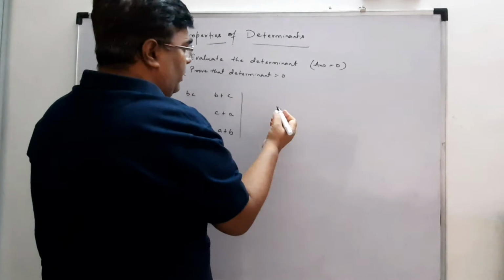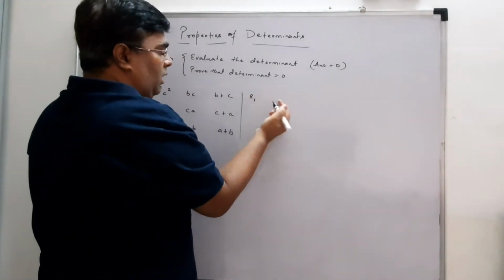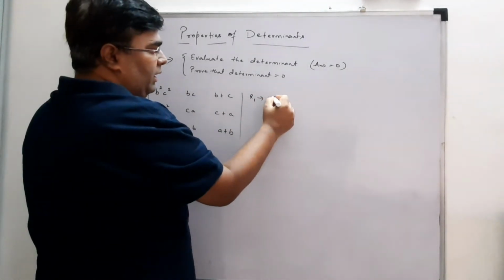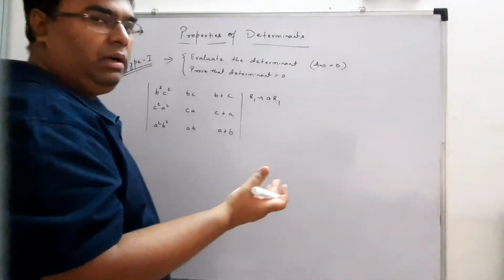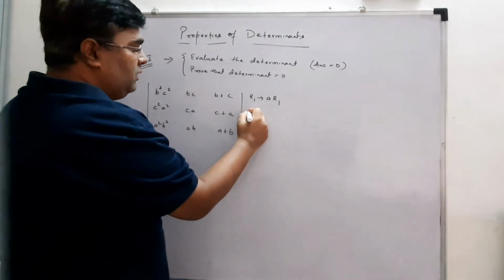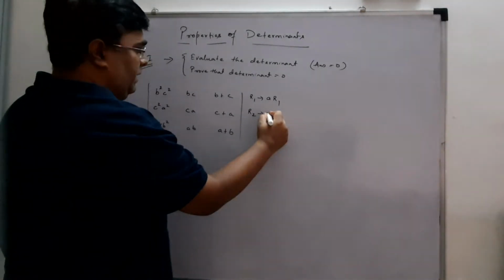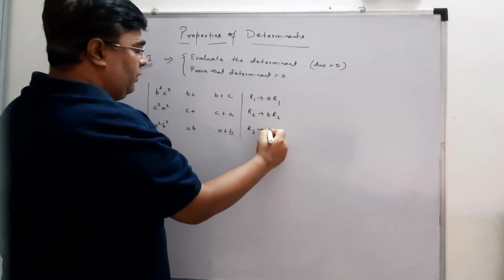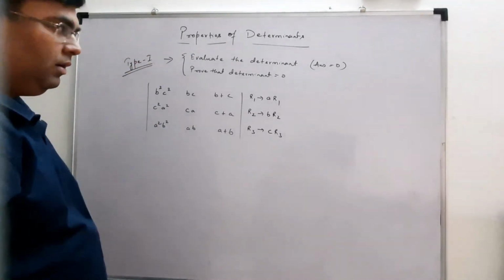So what I am doing here: R1 multiplying by A, AR1. Now if we are multiplying, then we need to divide it outside. Okay, I will tell you how to do it. R2 I am doing B R2, and R3 I am doing C R3.